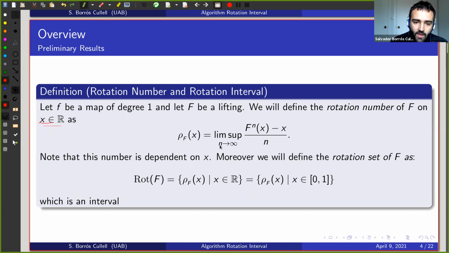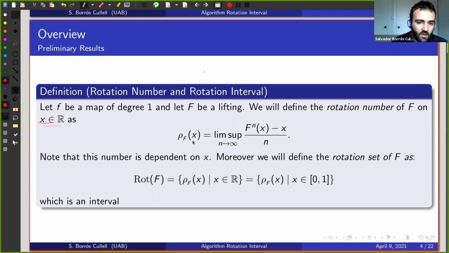Notice though that this definition is not as precise as it should be. This is actually the upper rotation number, and there's a similar definition with the liminf. However, since in this case we will be studying only non-decreasing maps, we are not that concerned with these small technicalities because our results will still work.